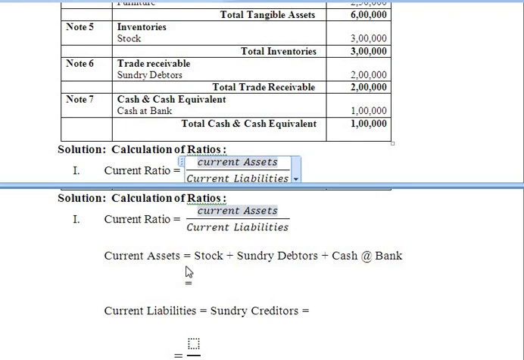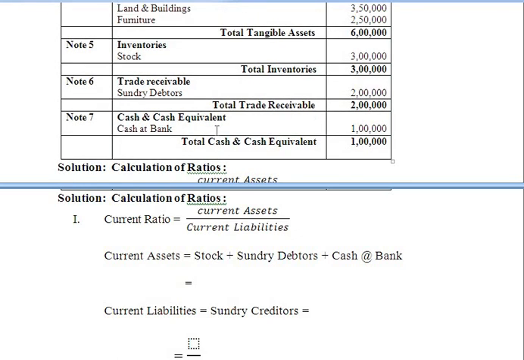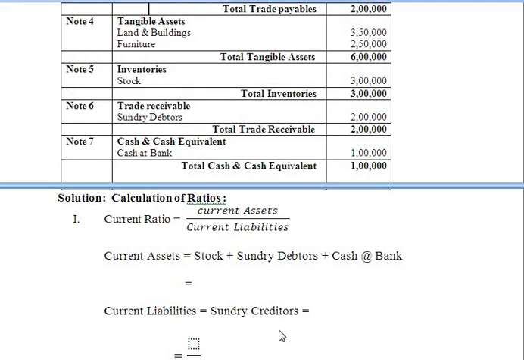So write in the next line, current assets is equal to stock plus sundry debtors, that is trade receivable, plus cash at bank. Now put their amounts here. How much is the amount of stock? It is 3 lakh.